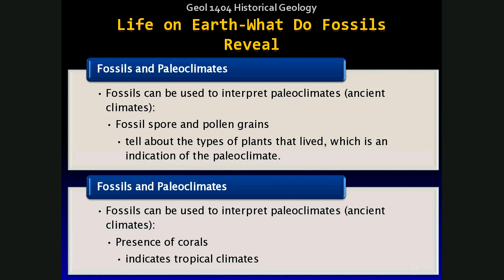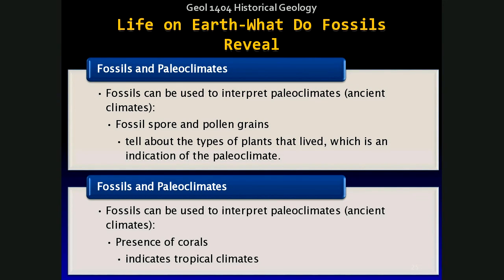And what about paleoclimates? Well, we find pollen grains, for example, in the fossil record. Pollen grains are derived from plants, as we know. Plants that live in different climates have different characteristics.